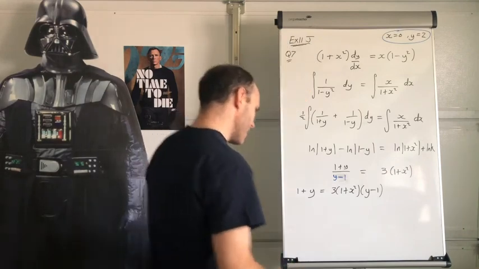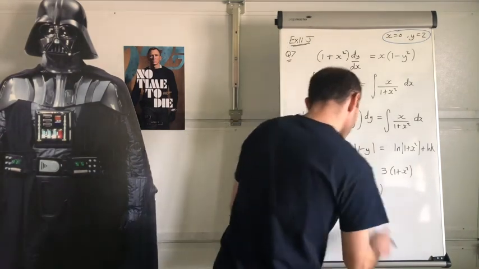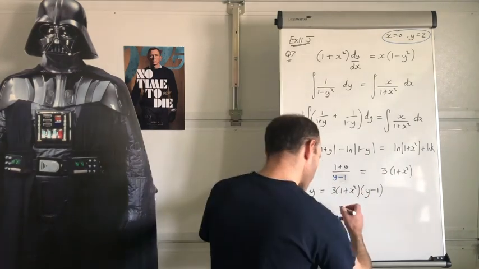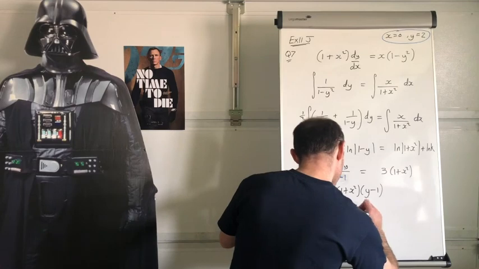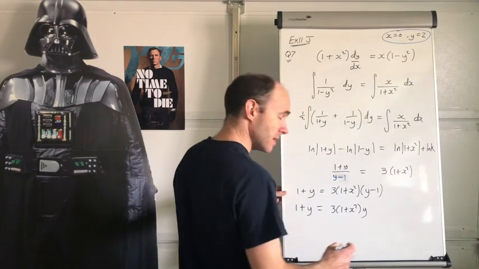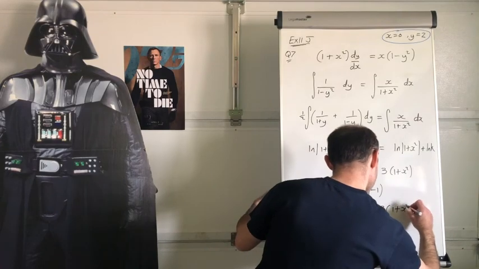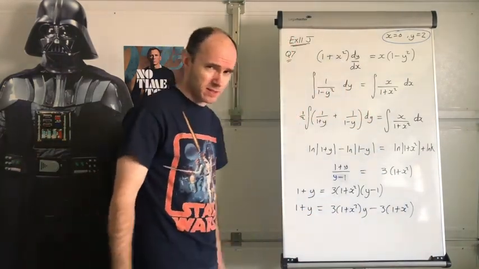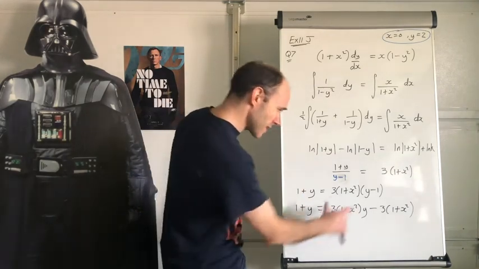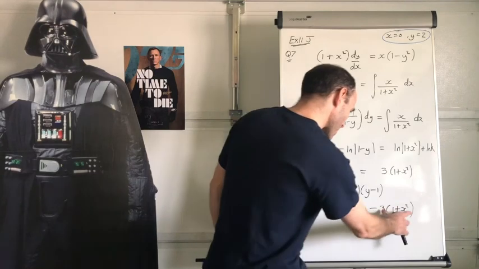Let's keep the 1 plus y there for the time being because it's convenient. When we expand the brackets, we're going to have 3, 1 plus x squared y, subtract 3, 1 plus x squared. I didn't fully expand the brackets. All I needed was to get the y term on its own, so just that bit and then subtract that bit there.